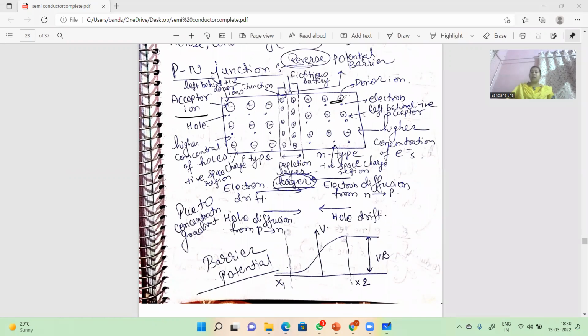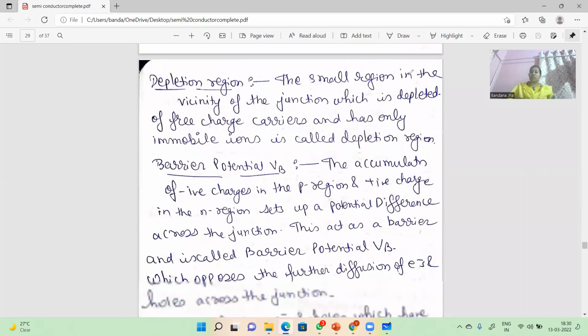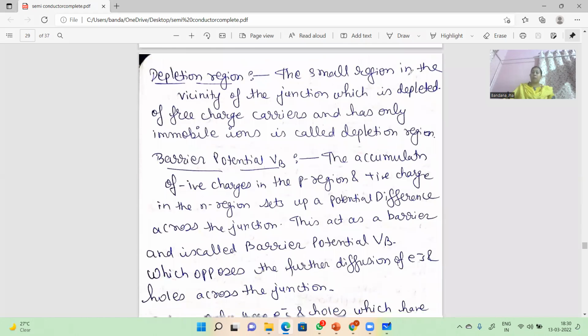And donor ions in N type semiconductor are what? Protons. All these things are written nicely, so go through the notes. Depletion region I have also already taught you. Depletion region is that region where the protons and electrons combine with each other and form a potential barrier.